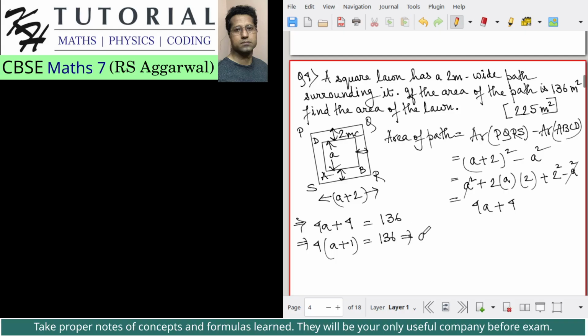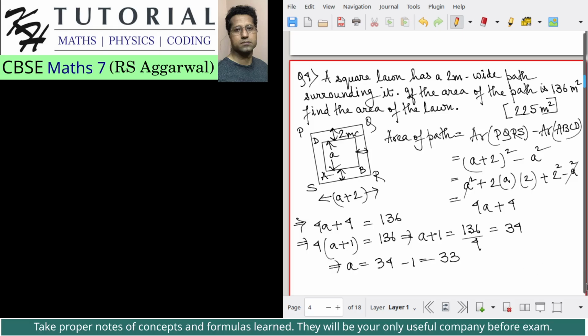This implies A plus 1 is 136 divided by 4, which is 34. So A is equal to 34 minus 1, which is 33.